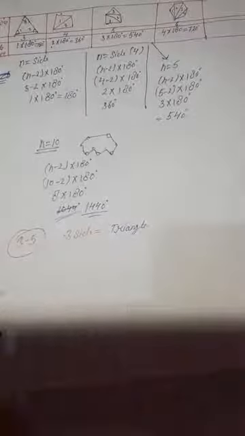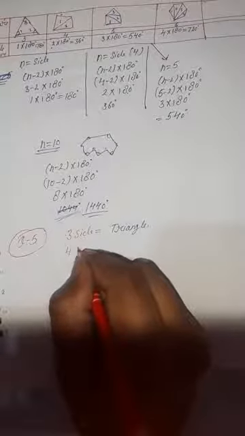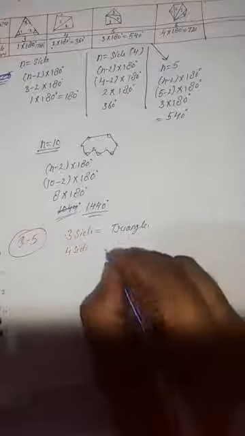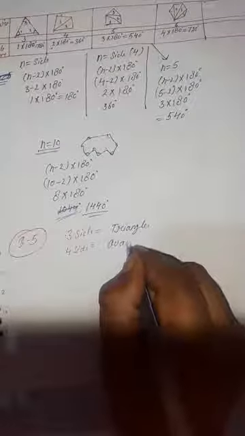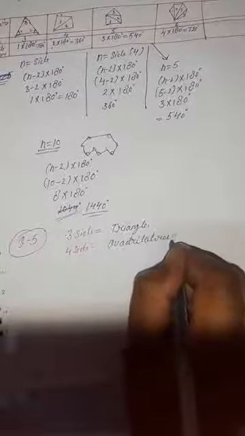Now, what is the name of the polygon or figure which has 4 sides? It will be a quadrilateral. And what is the name of the figure which has 6 sides?